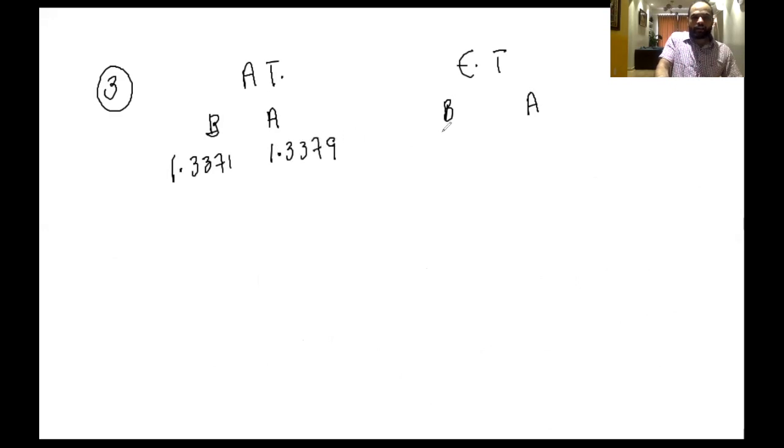And for European terms, bid is 1 divided by 1.3379 and ask is 1 divided by 1.3371.